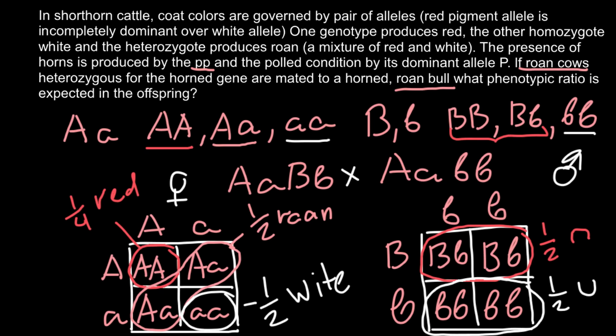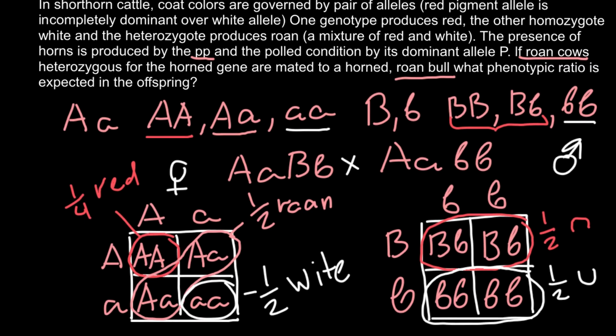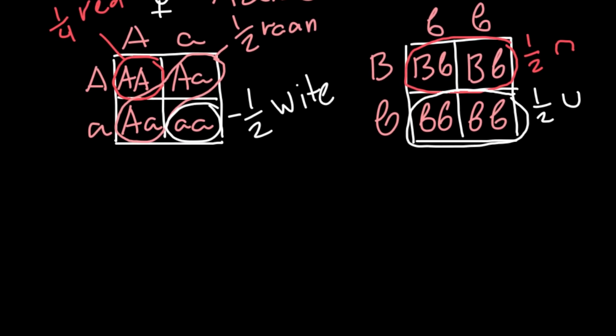Now I'm going to use the fork line method to show you the phenotypic ratios. Let's start with the first trait. We can have three colors in the progeny.